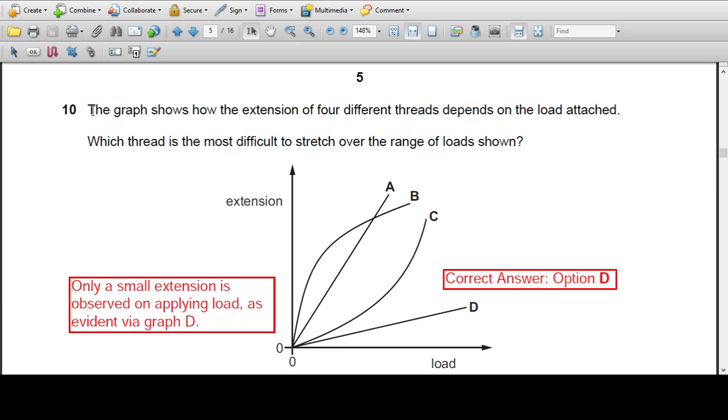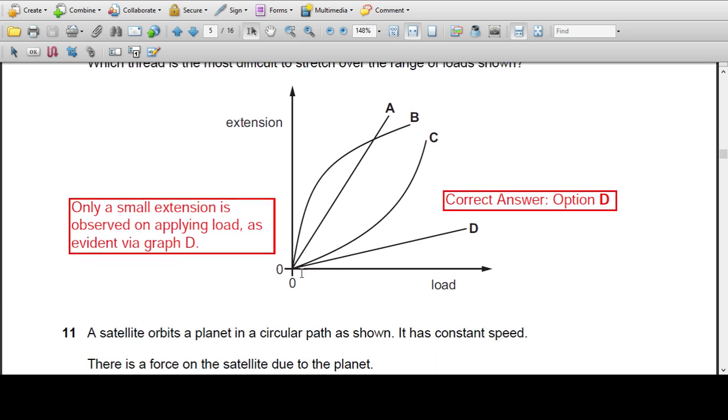Here the load increases on the x direction and the extension appears on the y direction. Here we see that A is increasing linearly. If we apply this much load, the extension is this much. If we apply more load, the extension would be even higher.